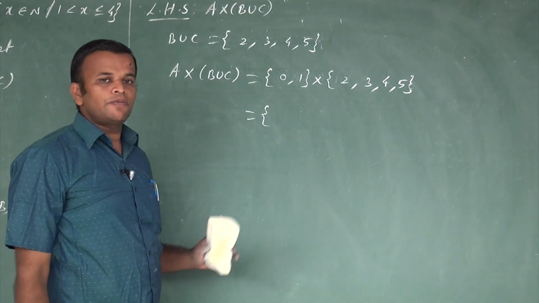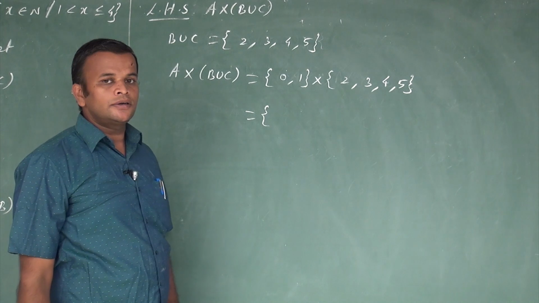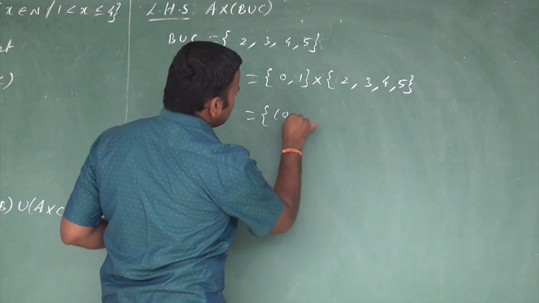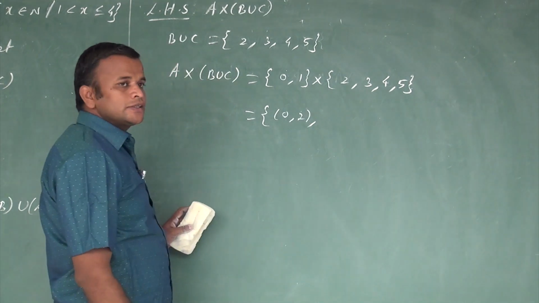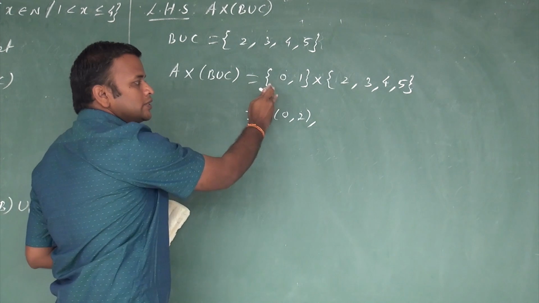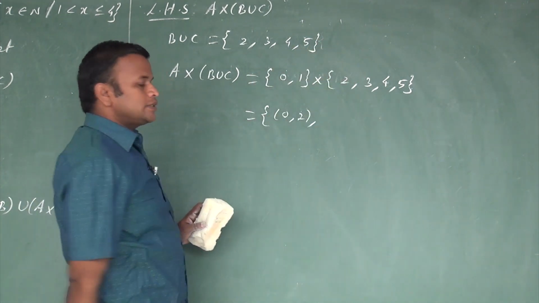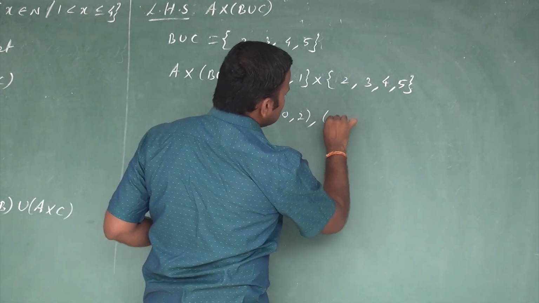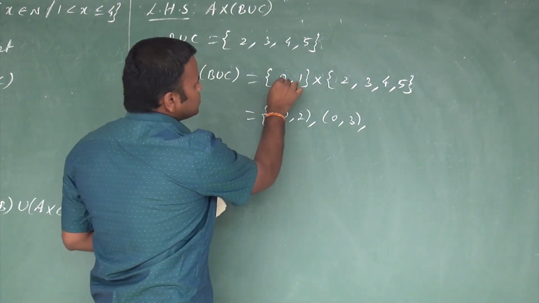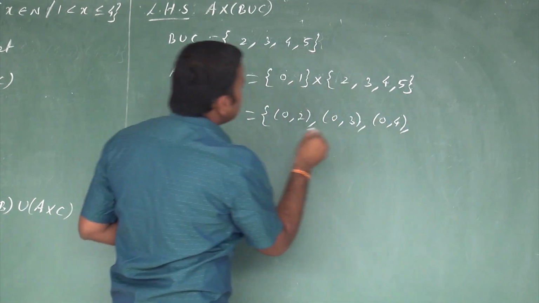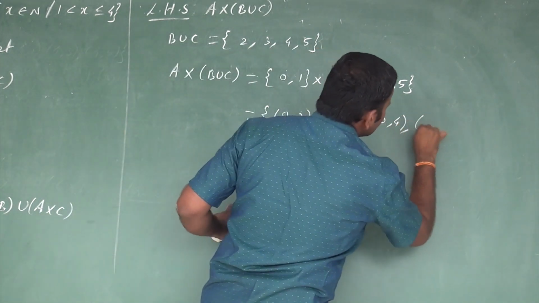Simple. What is the first possible ordered pair? 0, 2. We don't change the element of the first set, we move through the elements of the second set. So 0, 2. The next one is 0, 3. The next one is 0, 4. The next one is 0, 5.